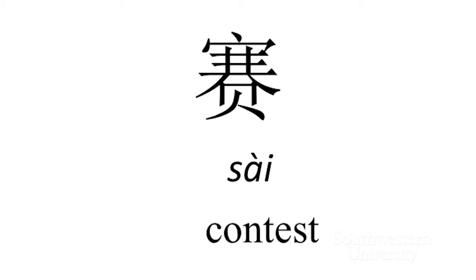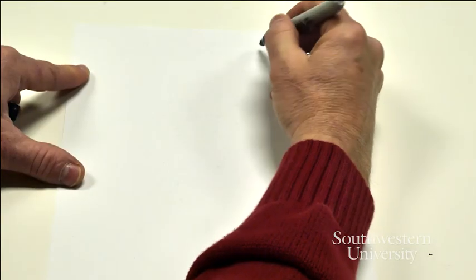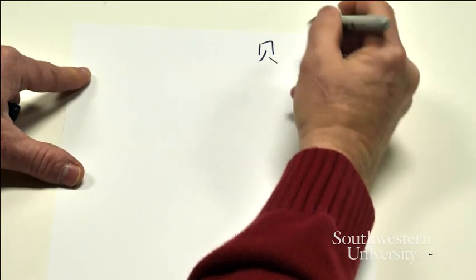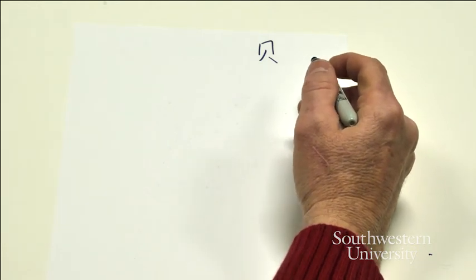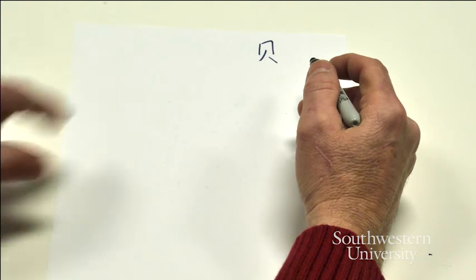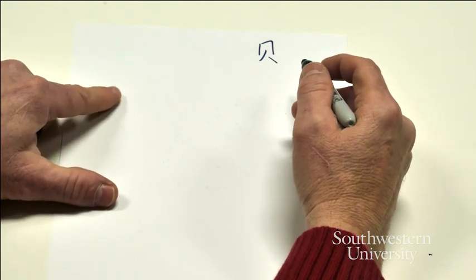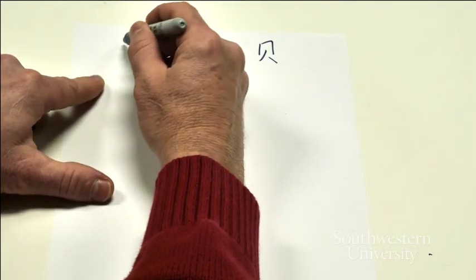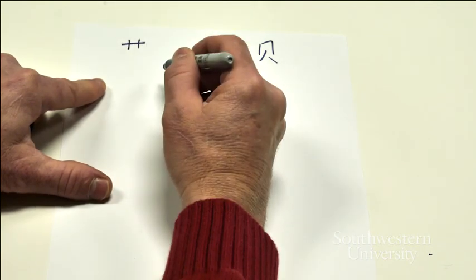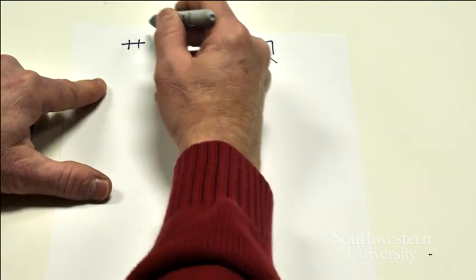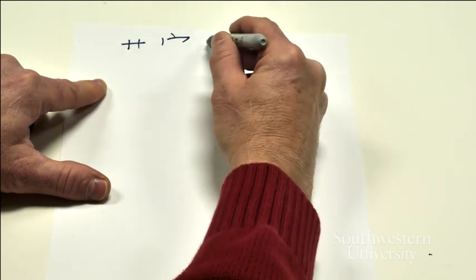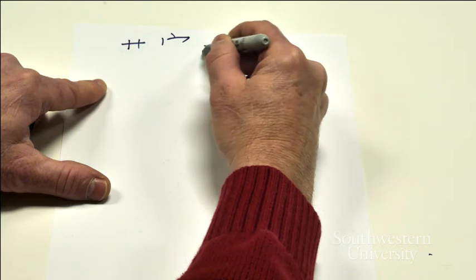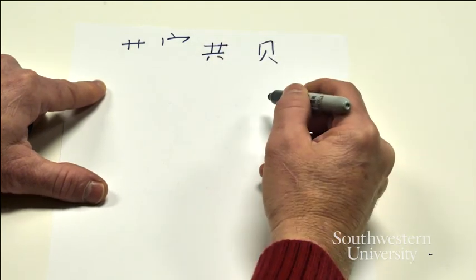Sai, competition. So at the bottom we have bei, which is a cowrie shell. That suggests the aspect of the competition. And the top part is phonetic. Originally it depicts two hands, so we'll depict like that. And they're filling a room, indicated by the roof, with objects. And those objects are indicated with that.